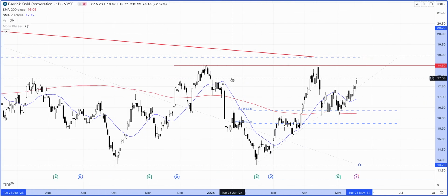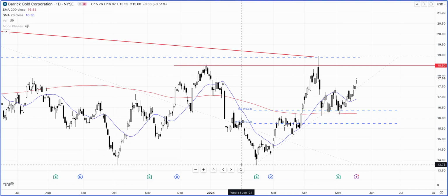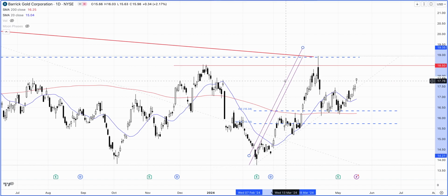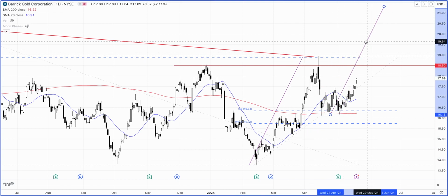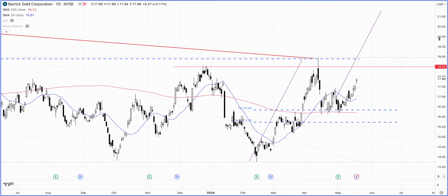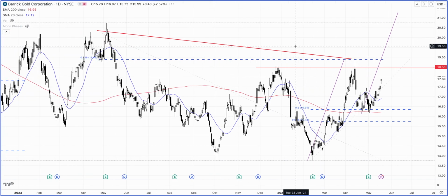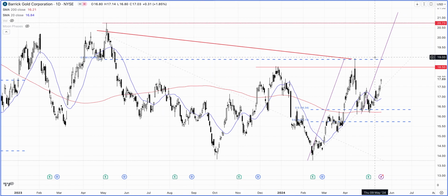And now there's a possibility, because of this double bottom formation and the price being above the 20-day moving average, which is above the 200 period moving average, so the momentum is pretty good, that we might in fact be in an ABCD formation, which could see the price move much higher to about 21.28. So a fair amount, going and challenging these highs around here. So this is for Barrick Gold.